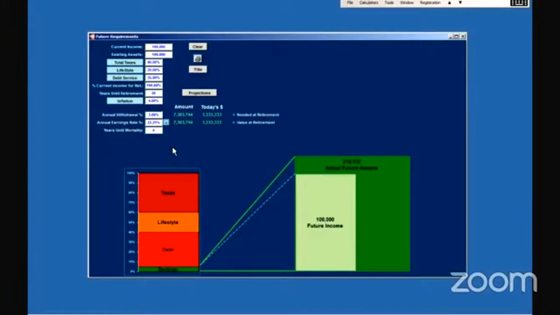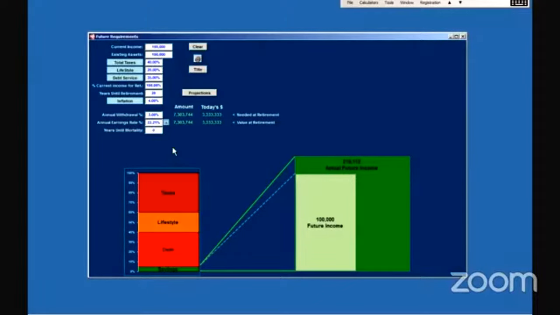Every single year for the next 20 years, in good days, in bad days, in good markets, in bad markets, whether the market has done very well or very bad, until death do us part, you have to get a 22.2% rate of return in order to make it to the promised land.